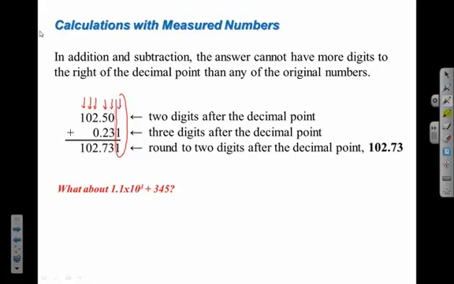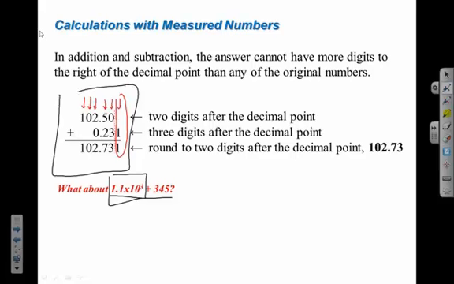What if I were going to add something with scientific notation? And this was like the quiz question, and that was the one that most people didn't quite get. So let's look at that. In this case, I've got to first take this number in scientific notation and expand it back to the normal notation to see where the decimal is, so I can do what I just did here, which is to line up the decimal place and analyze the columns.